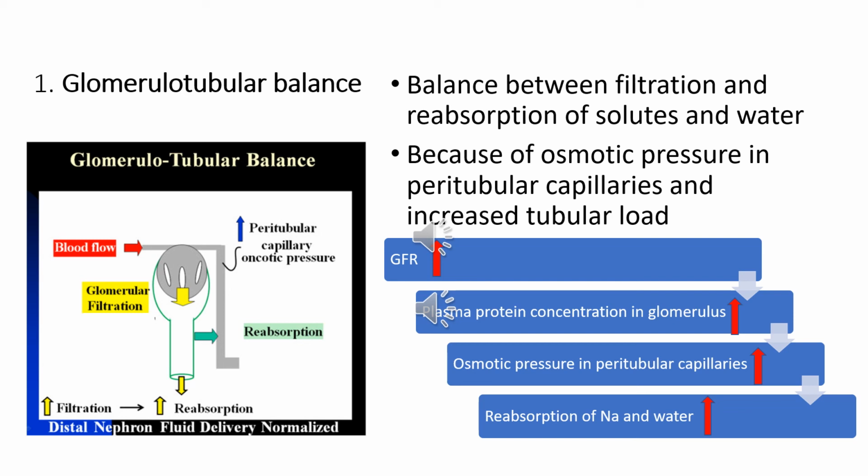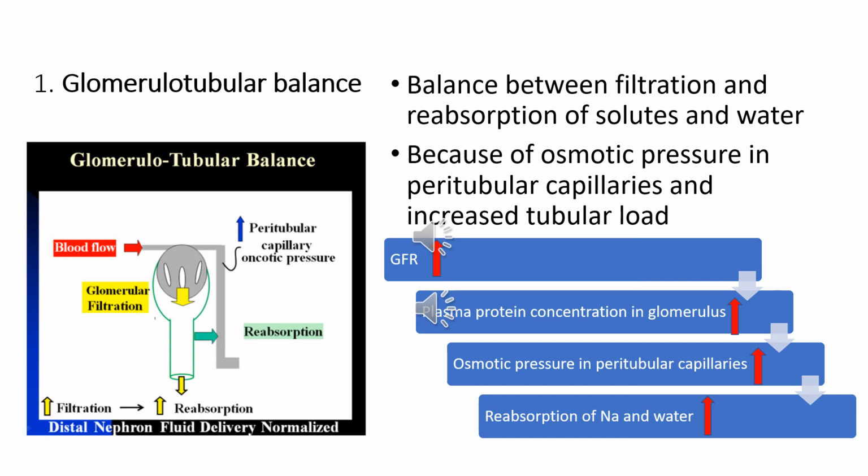So consequently, the osmotic pressure increases in the blood by the time it reaches the efferent arteriole, and it will be higher in the peritubular capillaries. So this higher osmotic pressure in the peritubular capillaries increases the reabsorption of sodium and water from the tubules into the peritubular capillary blood. That is the first cause or first mechanism.